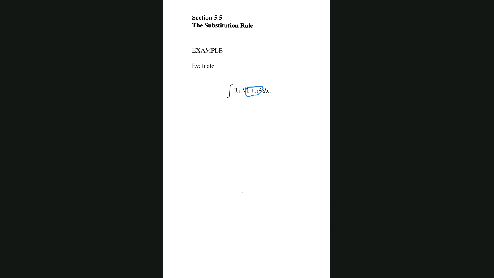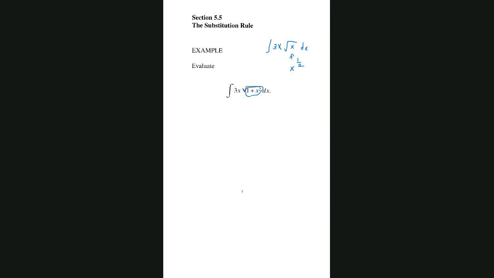difficult. If it were something like the integral of 3x times the square root of x dx, that would be easy, right? Because the square root of x, I could write as x to the 1/2 power.